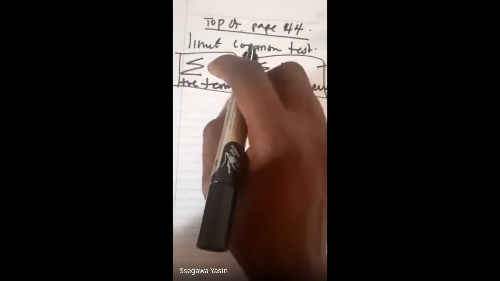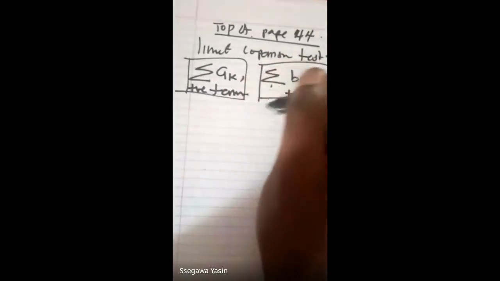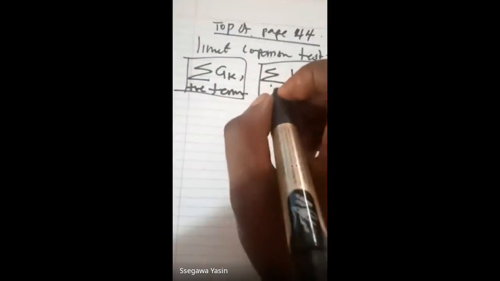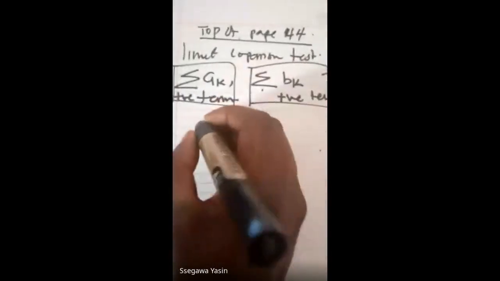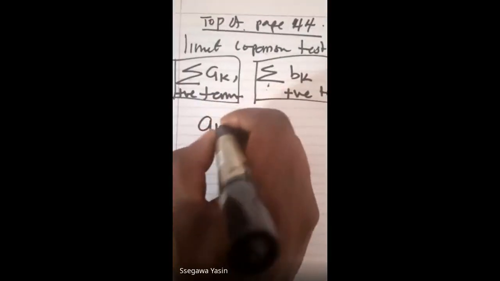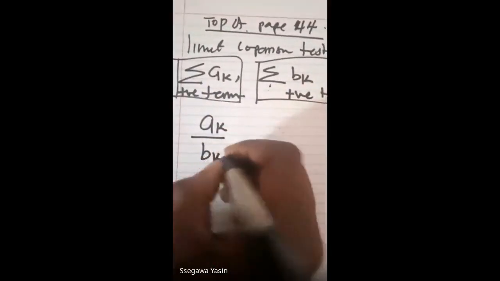Now, what is important here, you get the sequences. You don't get the series, but you pick the sequences. This is AK given. This is BK picked.